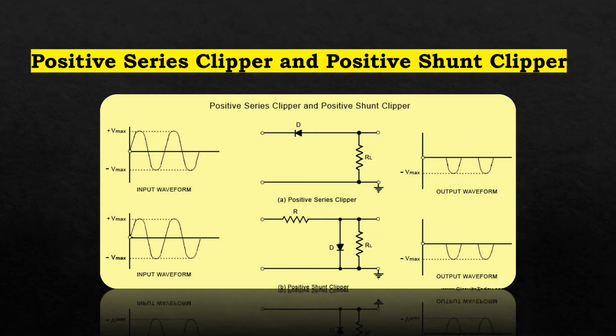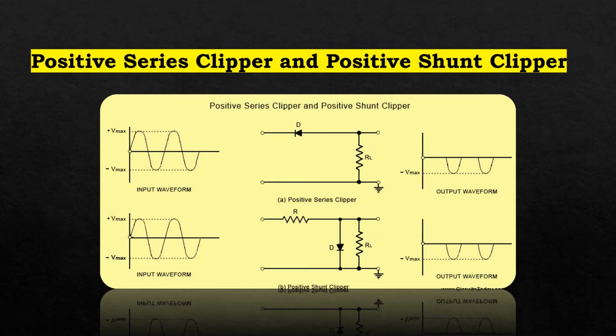During the negative half cycle of the input, the diode is forward biased, and so the negative half cycle appears across the output, as shown in figure A of the positive series clipper. At the output waveform, the negative half cycles appear at the output side.